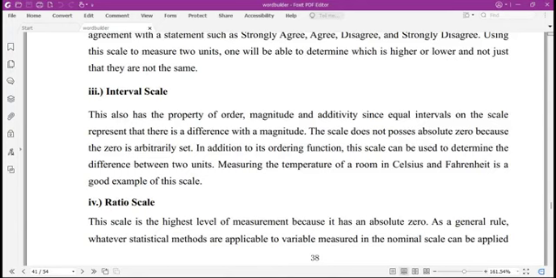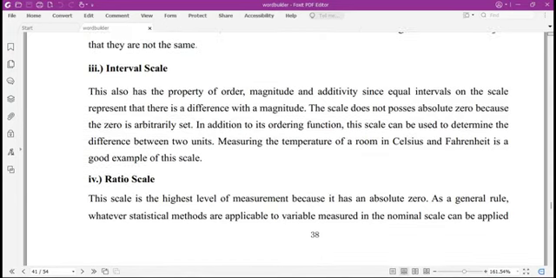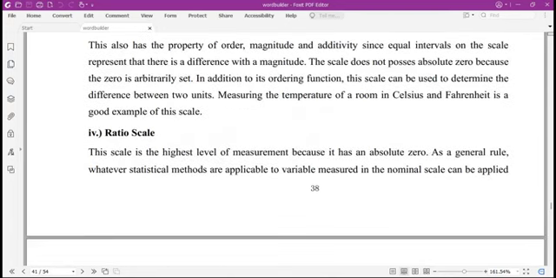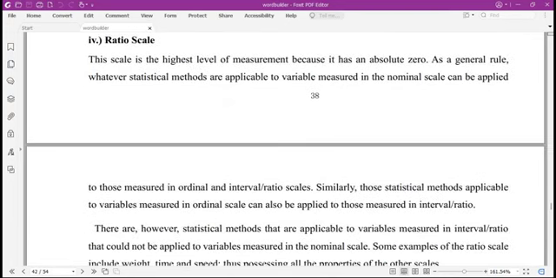Let's look at this ratio scale. This scale is the highest level of measurement because it has an absolute 0. As a general rule, whatever statistical methods are applicable to variables measured in the nominal scale can be applied to those measured in the ordinal, interval, or ratio scale.